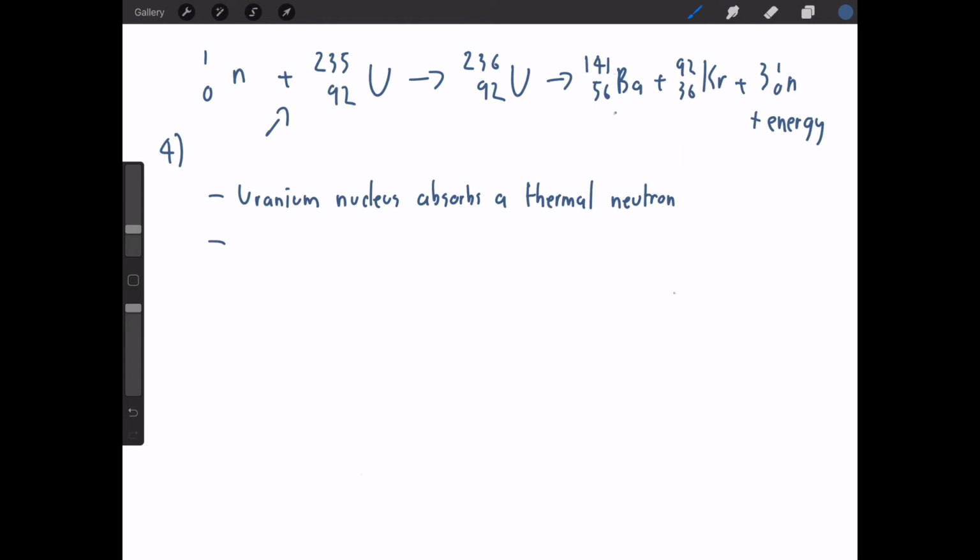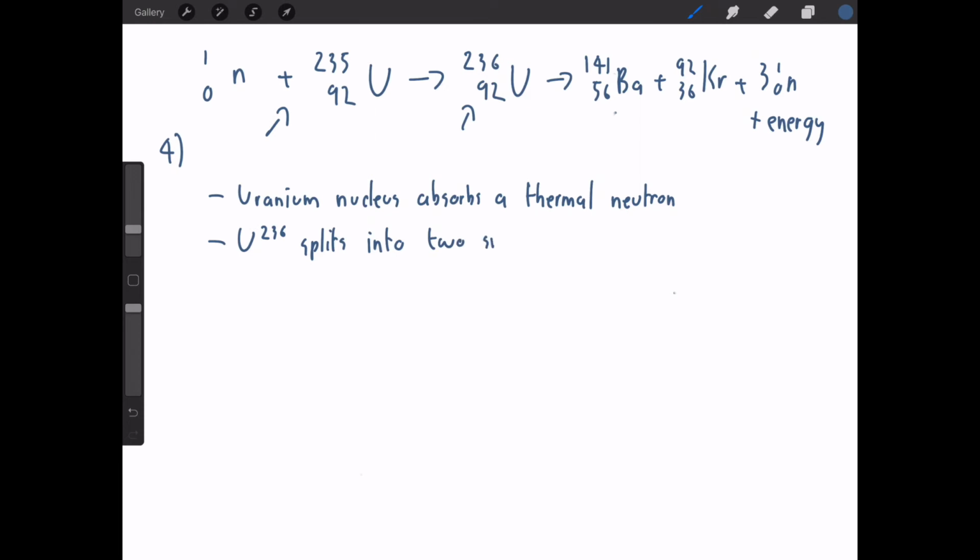Okay, then the uranium-236, which is this one here, splits, and it does this straight away. It's very unstable, it can't really sit around for very long, so it splits into two, what we call daughter nuclei.